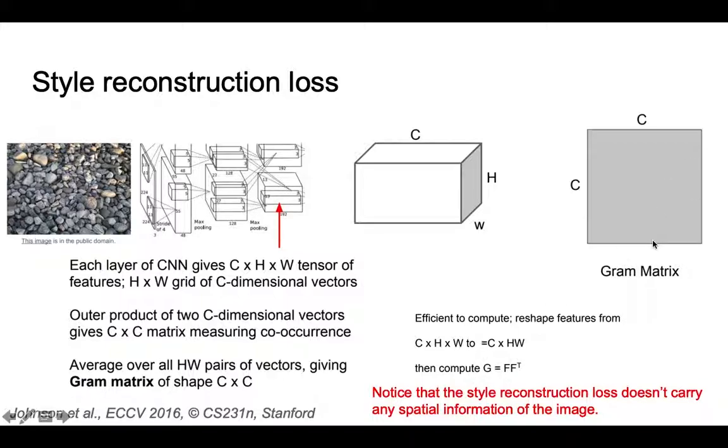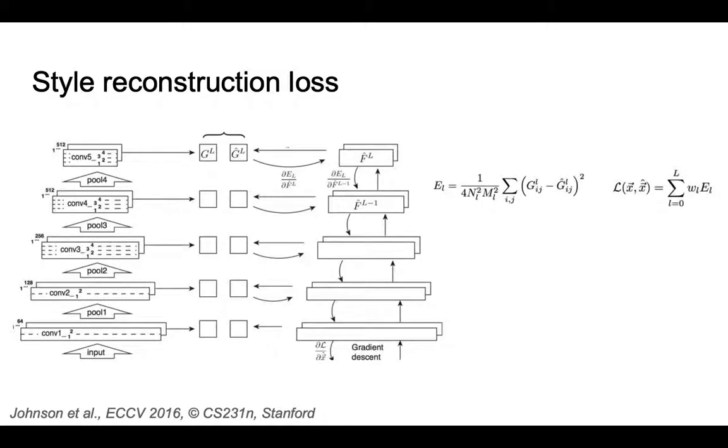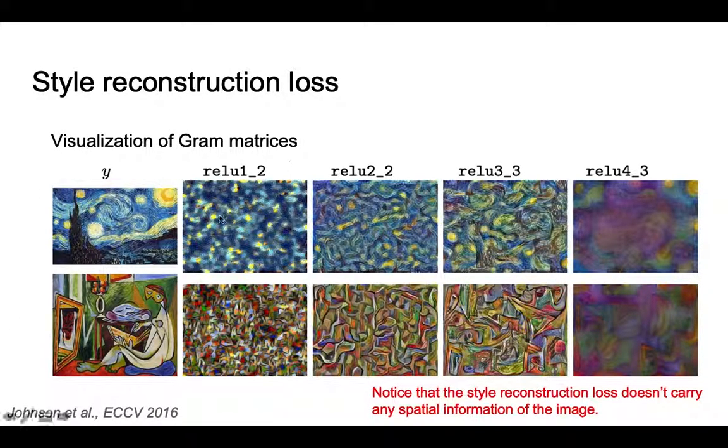So you get a matrix which is channel by channel and doesn't depend on the size of your H and W. What they claim is that this particular matrix will capture the style of a particular layer in the network. Since we just jumbled H and W and stacked them into a single dimension, it doesn't really have any spatial structure in it. So this is the visualization.